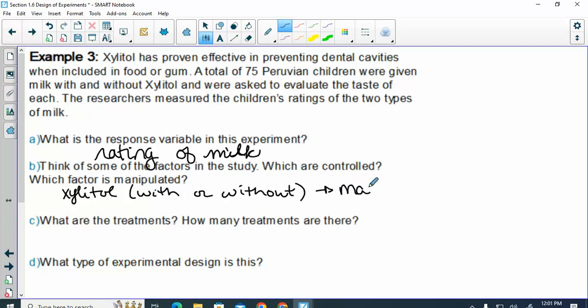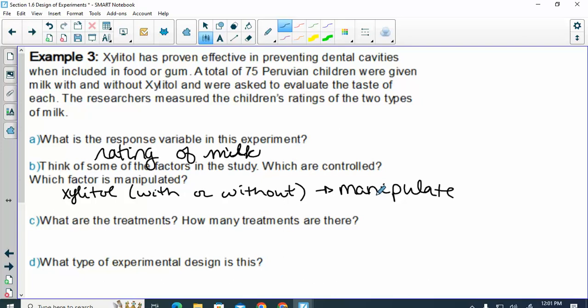Yeah, I'm going to manipulate that, so I know if you're getting the milk with or without. All right, so I'm going to give Carson both types of milk. He's going to drink each and rate them. So I'm controlling what he's getting, the two types of milk. I manipulate whether it has the xylitol or not.